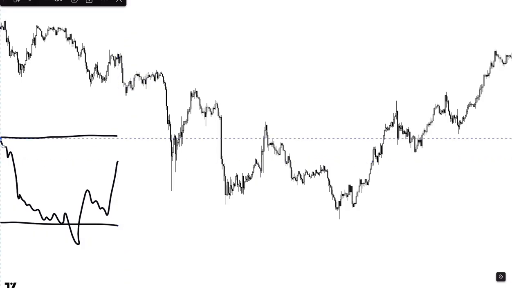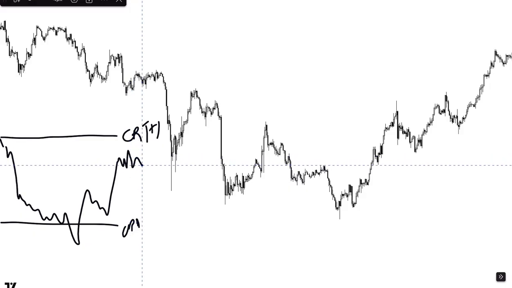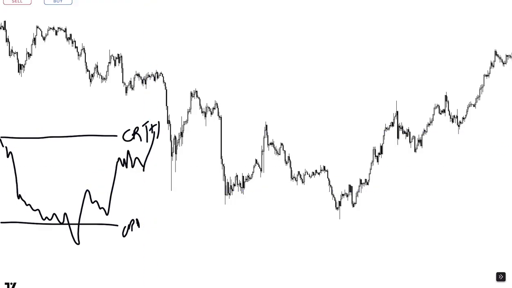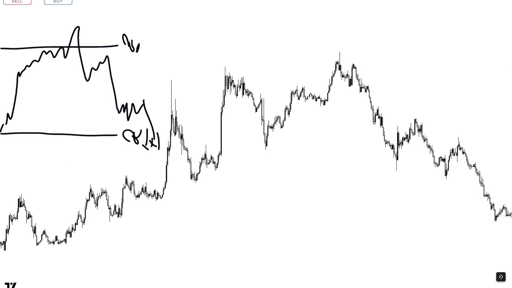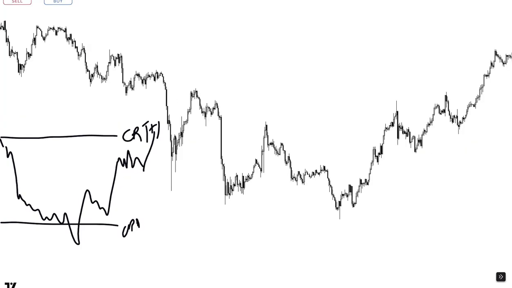Before reaching the target, CRT high for example, they wiggle around, they range, they turtle soup, and that right there is the kiss of death turtle soup, right? Which then pushes price to the target. So the last turtle soup before the target is the kiss of death turtle soup, and vice versa, the inverse kiss of death turtle soup, right?